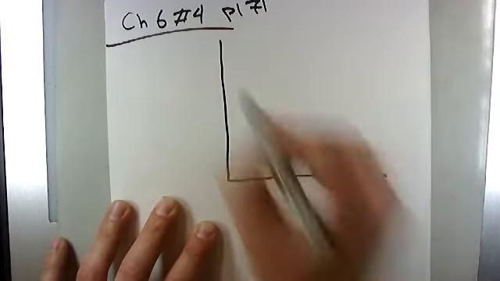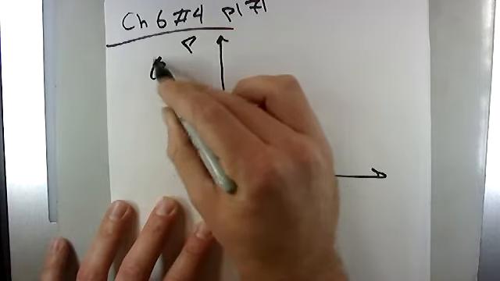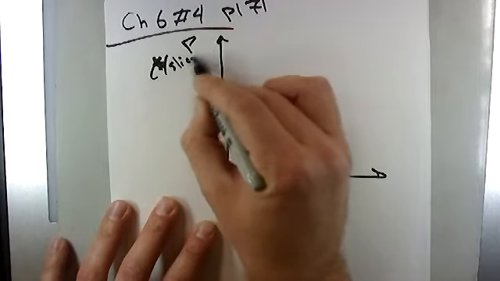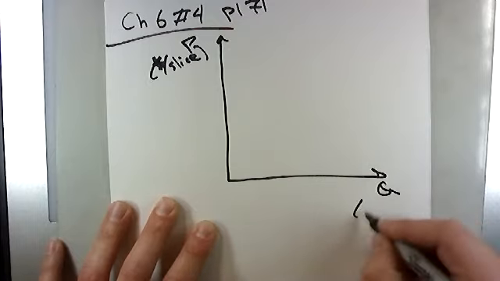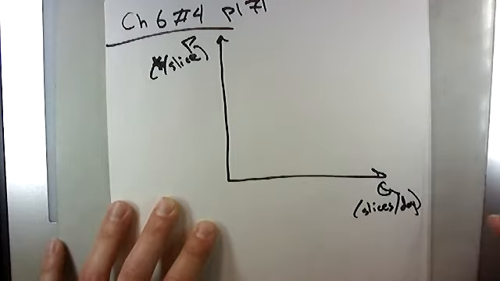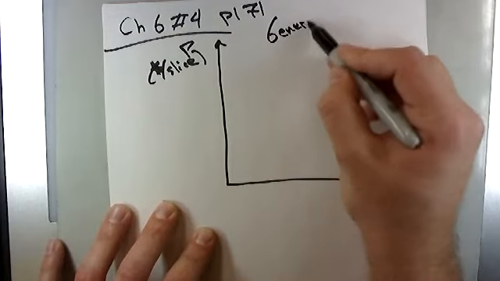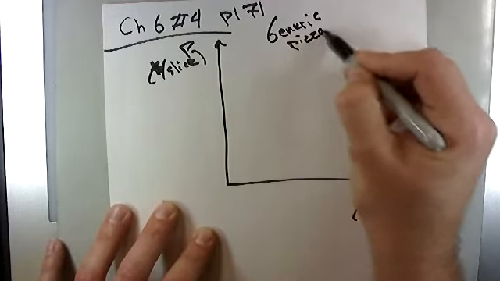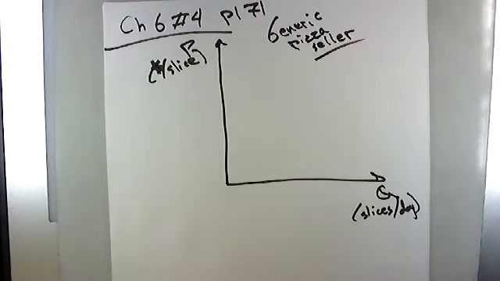So we've got the price, and this is in dollars per slice. We've got the quantity, that's in slices per day. And this is a generic pizza seller, not giving any more information on it.